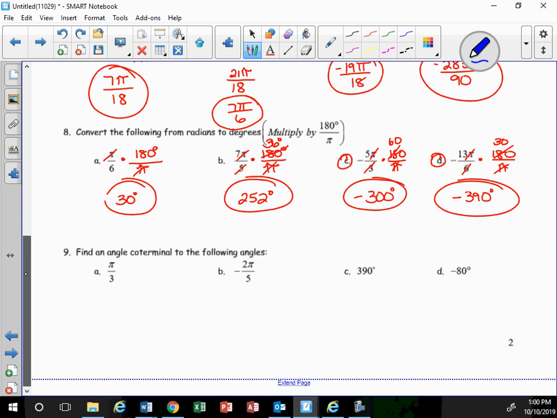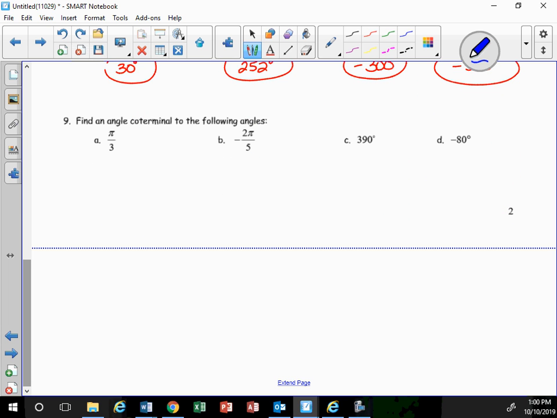Let's go try that down here. Back down to the bottom of your page, number 9. We're going to do C and D first. We'll start in degrees. All right, so 390. Would you like to add 360 to that or subtract 360 from that? Okay, so what is 390 minus 360? Okay, there's your coterminal angle, 30 degrees. Sometimes, just make sure you read the directions.